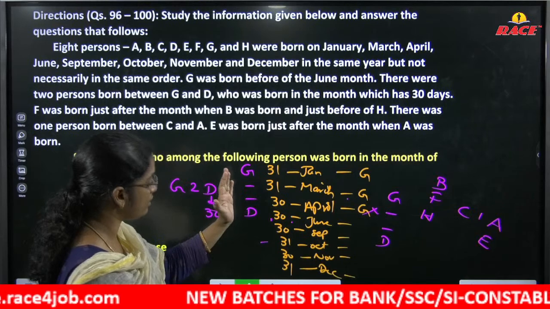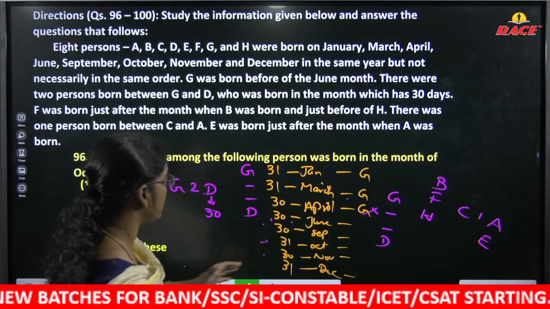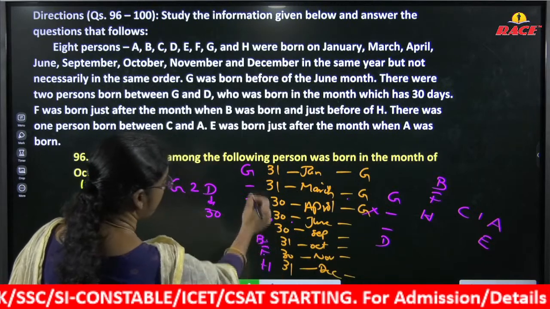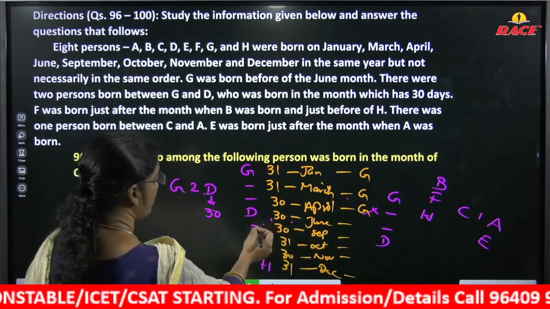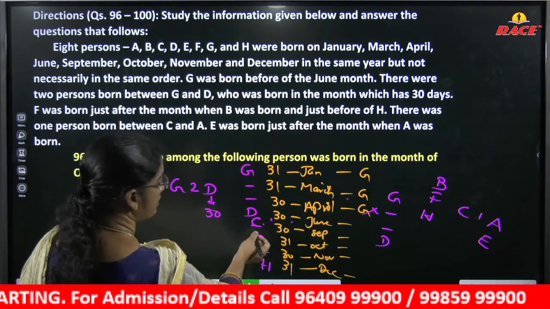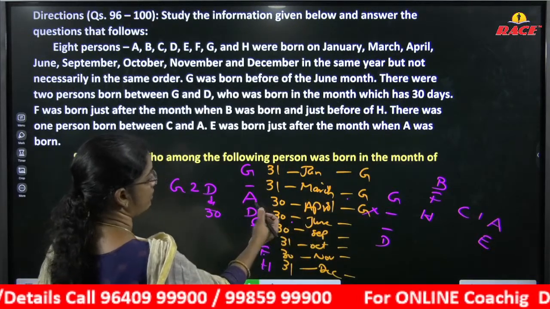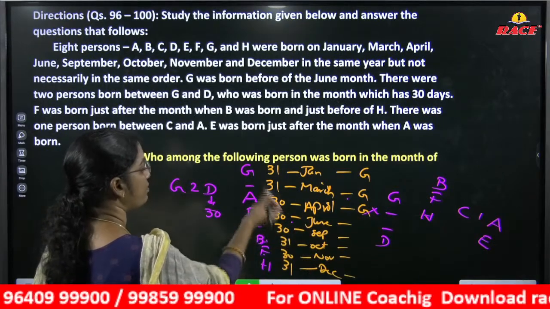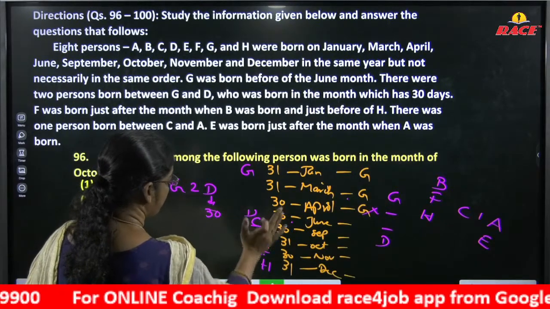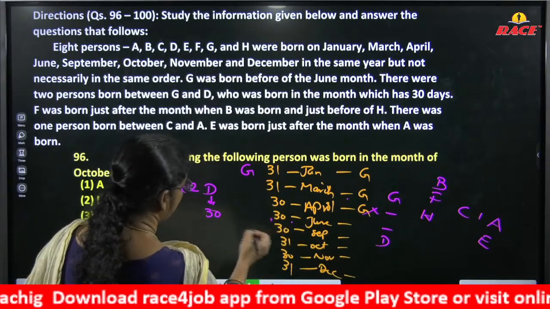In this arrangement, we could use the first three places or the last three places for B, F, H. If we use the last three places for B, F, H, then the other places are vacant. If we take C here, then in between C and A only one person is there, but E is next to A, not before, so we don't get a chance here. If we take G here, then D here.